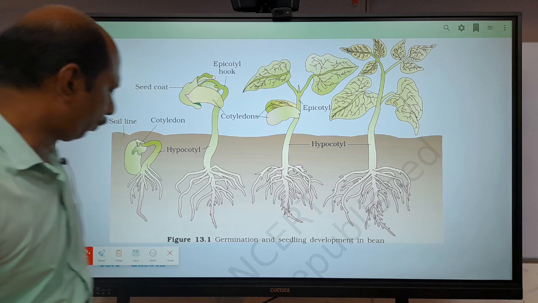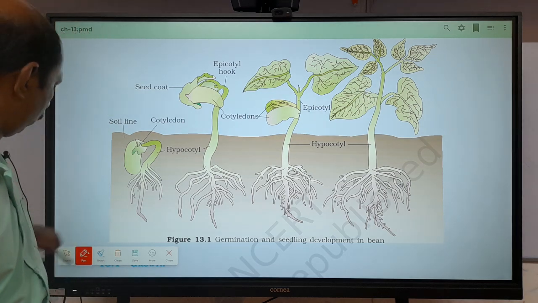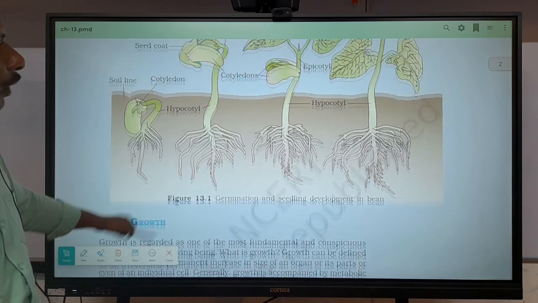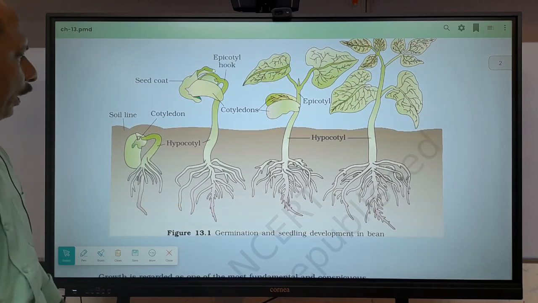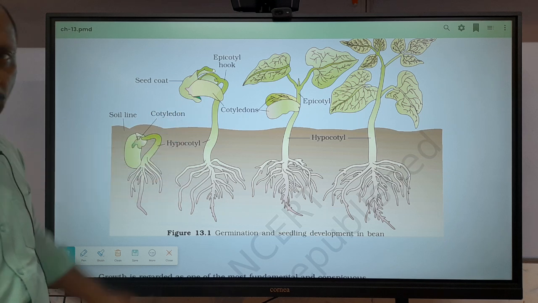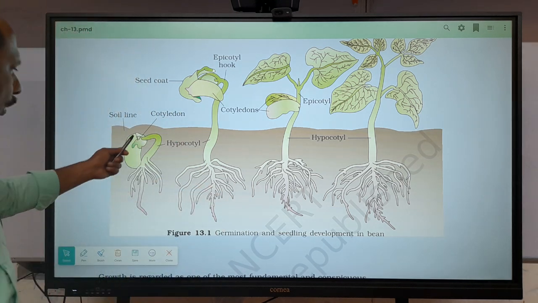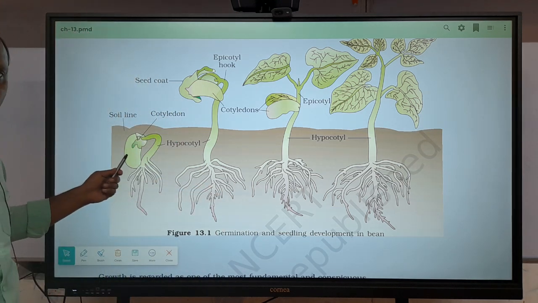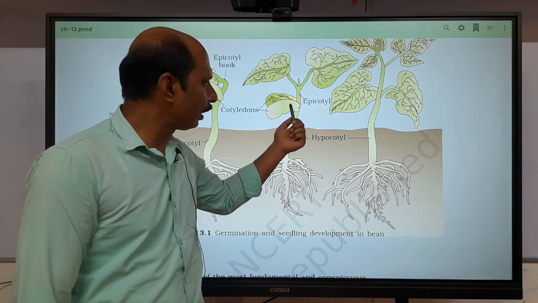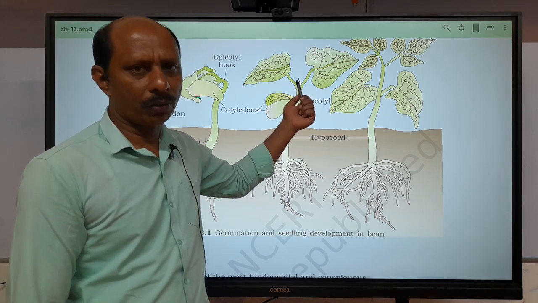Now this plant has grown, okay. Now look here. Now you understand what is epicotyl and hypocotyl? Hypocotyl means which is lower than the cotyledons, and epicotyl means above the cotyledons.